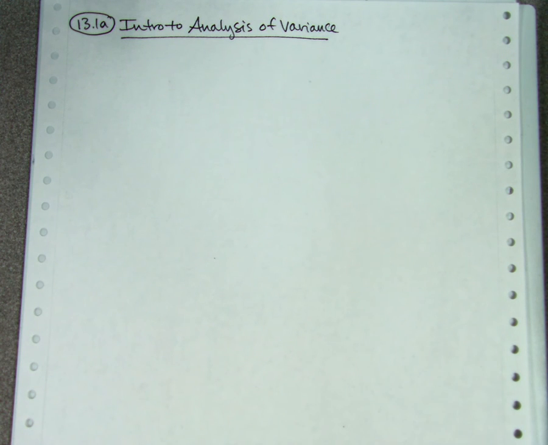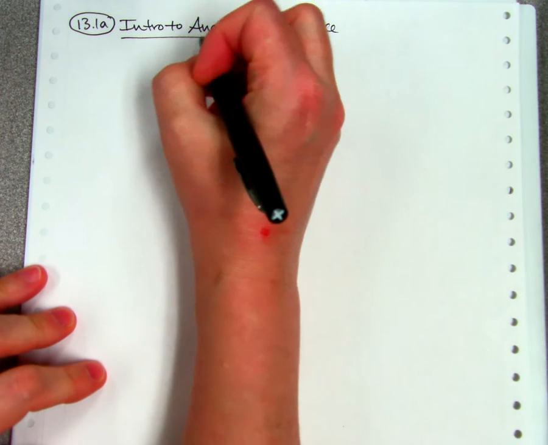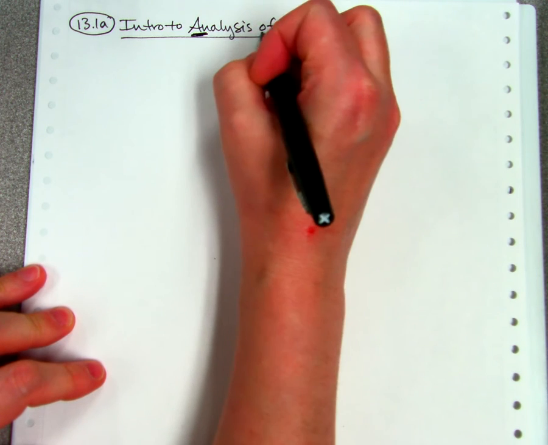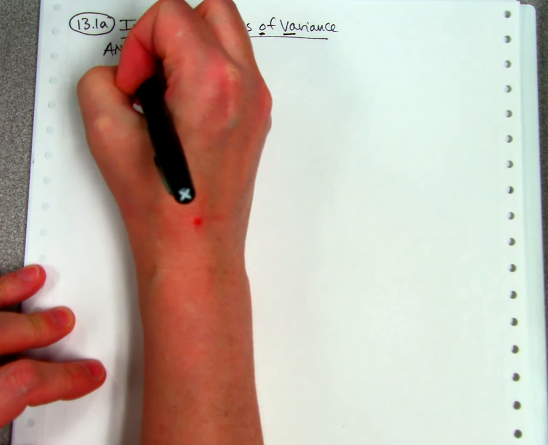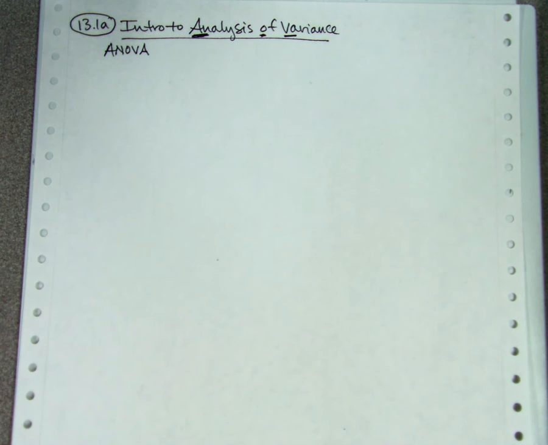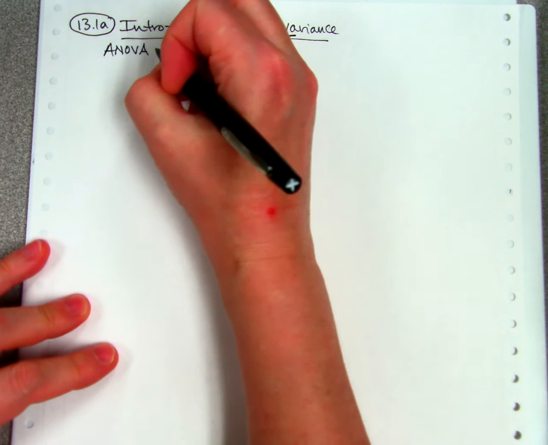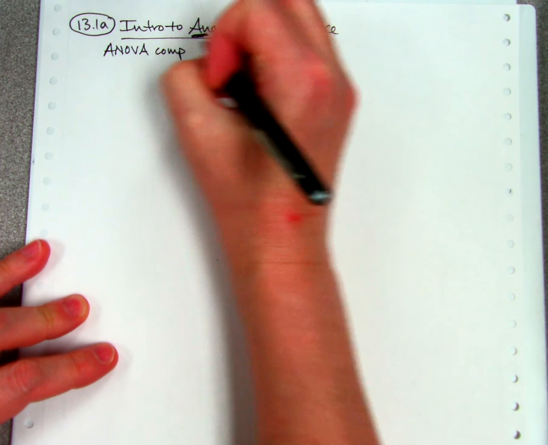It's chapter 13, and it's called Analysis of Variance. That's often abbreviated as ANOVA. And as we talked about in the warm-up a little bit, ANOVA is for comparing means of multiple populations.